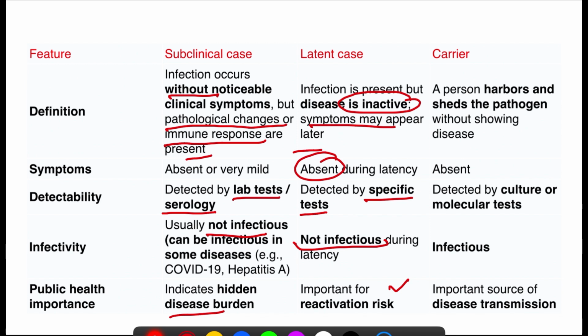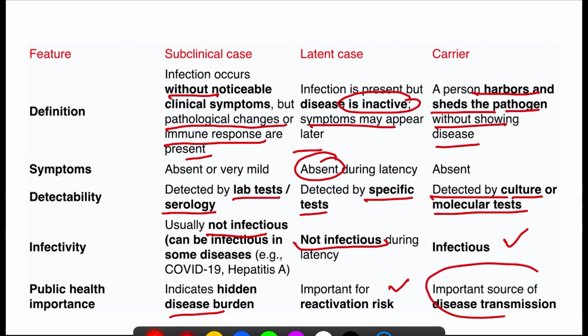A carrier is a person who harbors and sheds the pathogen without showing any sign or symptom, and the carrier can be detected by either culture or molecular test, and they are usually infectious. The important point is they are a very important source of disease transmission.